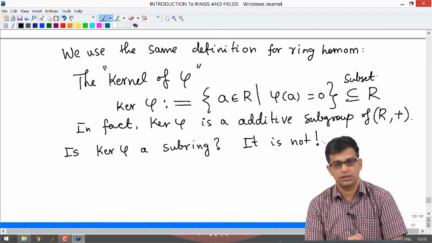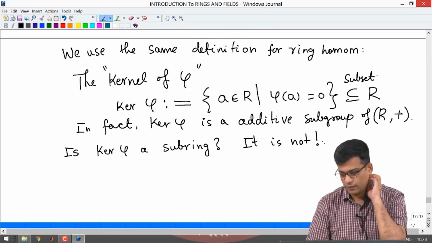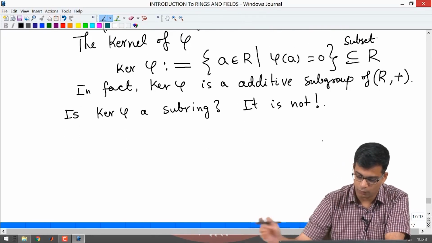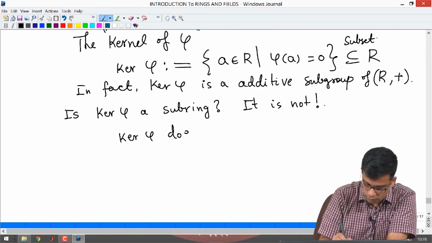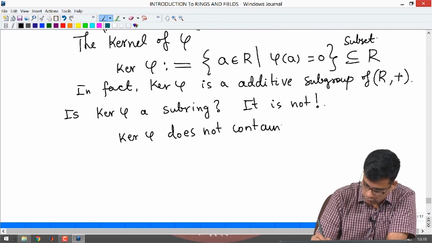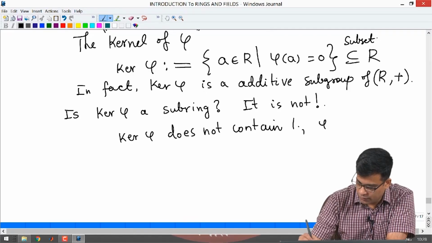Remember a subring is a subset which is a ring by itself. In particular, it is supposed to contain 1, but can the kernel contain 1? No. The kernel does not contain 1, because what is phi of 1?